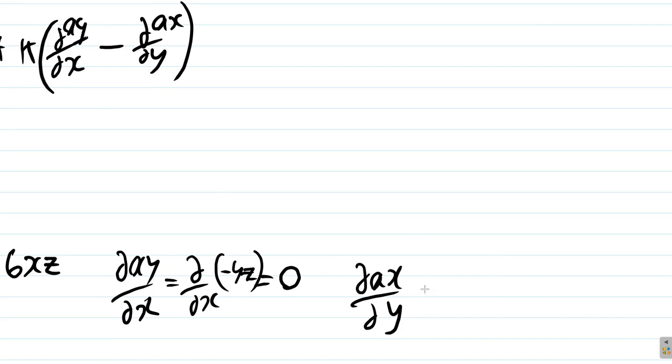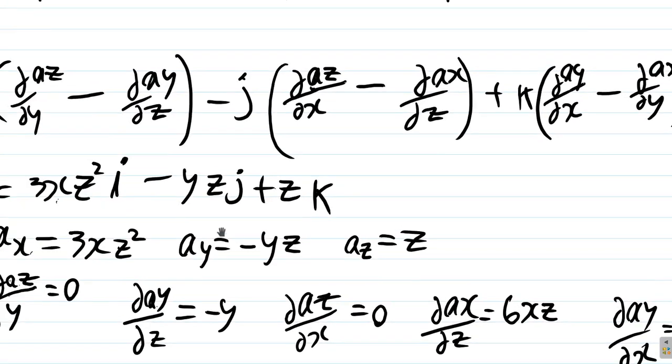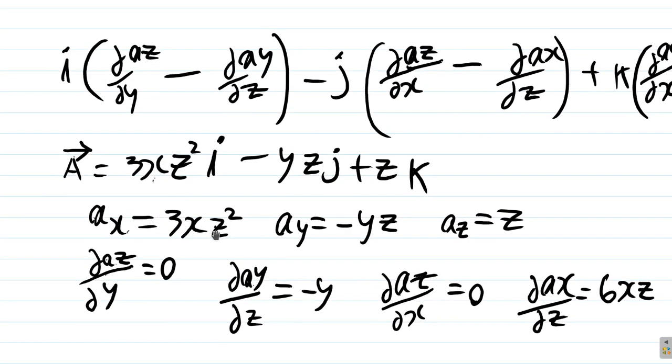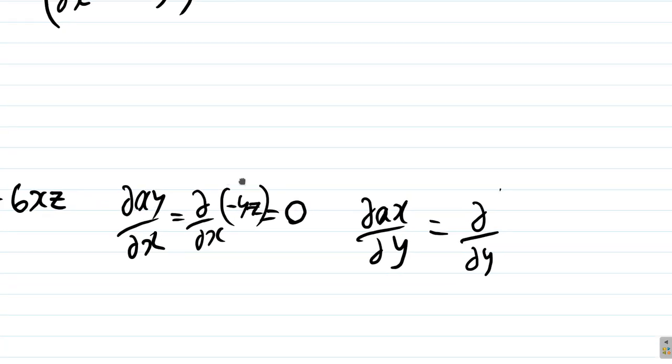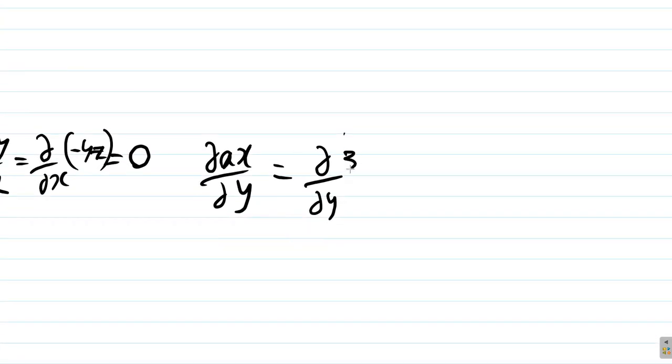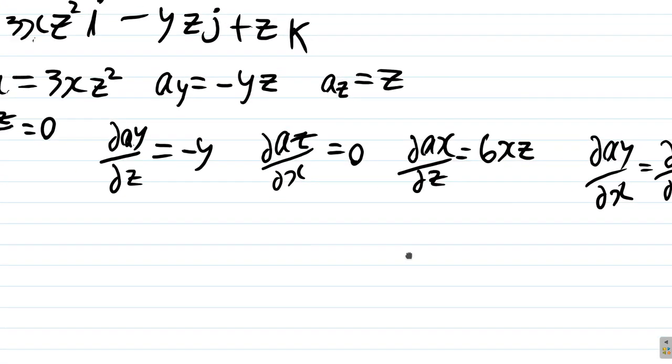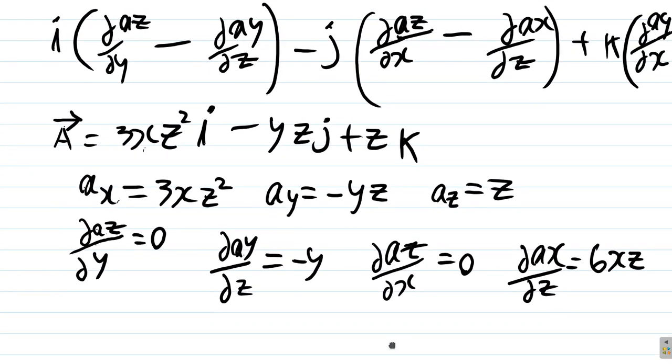This is much longer than finding the divergence. The partial of Ax with respect to y: Ax is 3xz squared, and when you differentiate this with respect to y, you get 0. Okay? So now you can set up your equation.